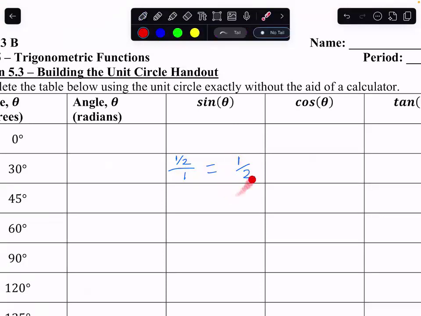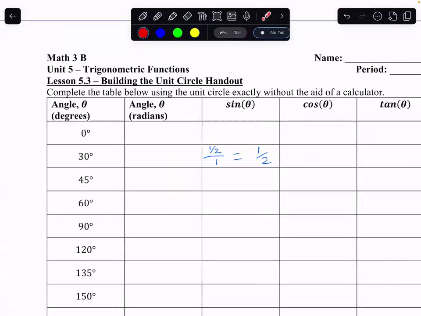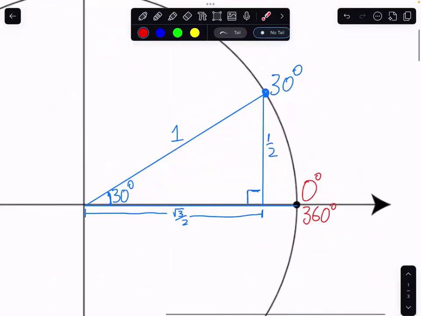This calculation was a lot easier than the other one, right? When we were doing 8 divided by 8 radical 2, that took a lot of simplifying. Here, the denominator of 1 makes the math really simple. Let's continue. Cosine is adjacent over hypotenuse.